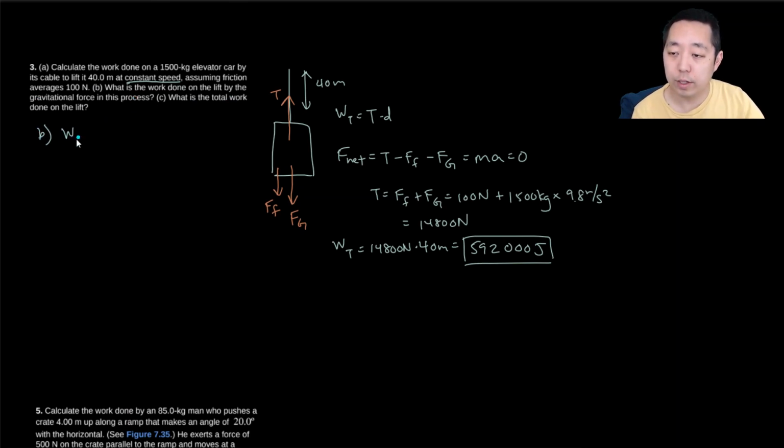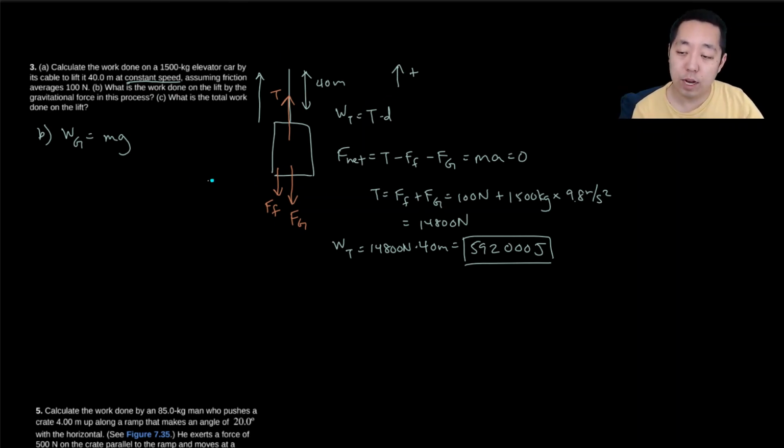So work done by gravity is also the force of gravity times the distance. Now the force of gravity is mg. But one thing to note is that the force of gravity is opposite to the displacement. We have to keep track of our signs. We're going to say up is positive. That means the displacement, the distance that we travel here, d, is positive 40 because we go up 40, and we're saying up is positive.